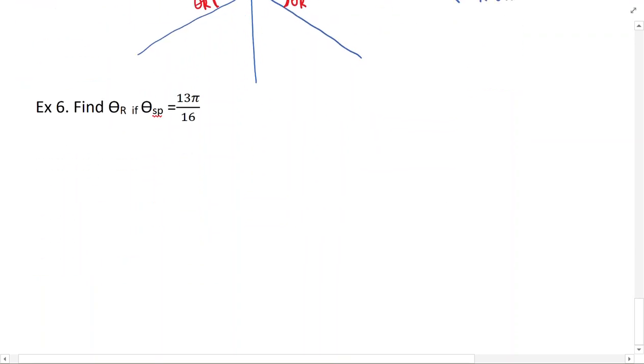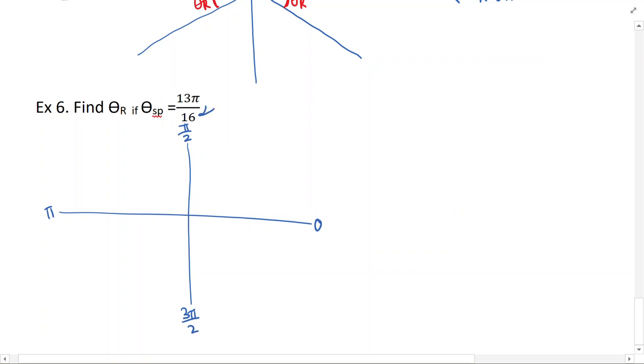So let's find the reference angle if the standard position angle is 13 pi over 16. So let's just, again, draw it out. So 13 pi over 16. We are looking at radians, so keep it in radians. So here is 0, up here is pi over 2, here is pi, and 3 pi over 2.